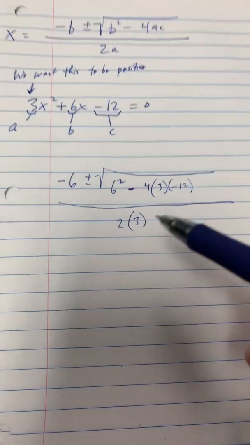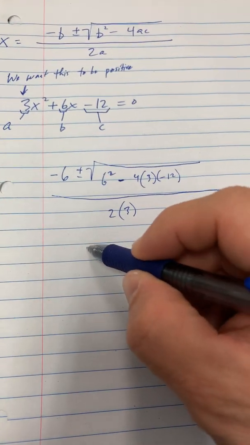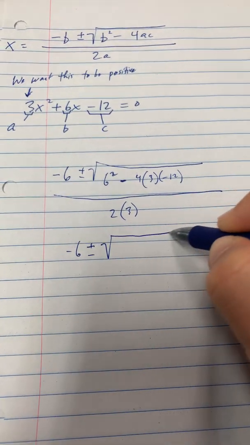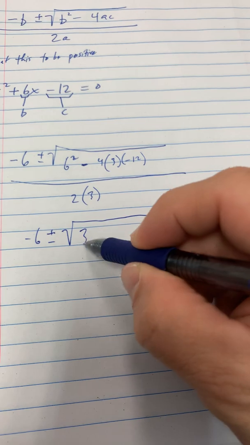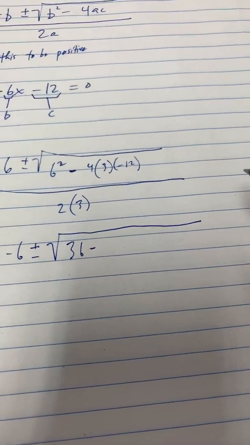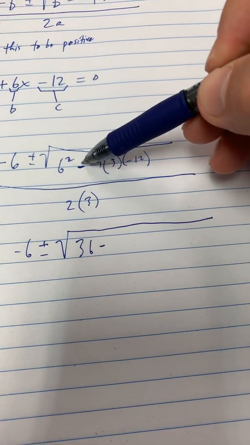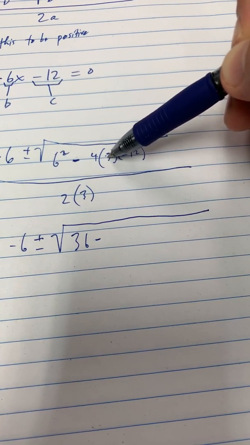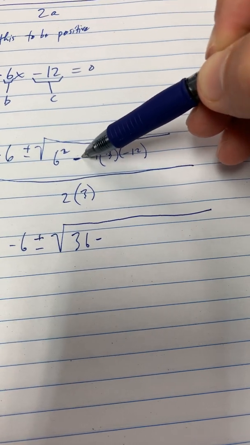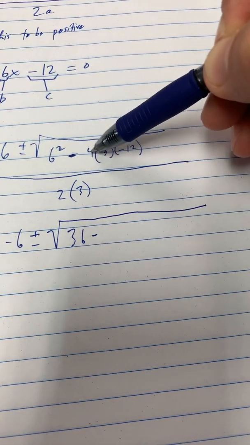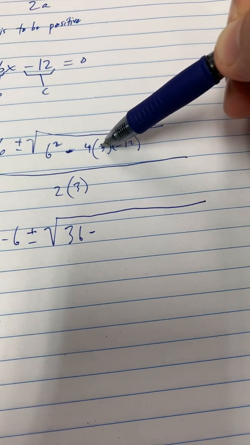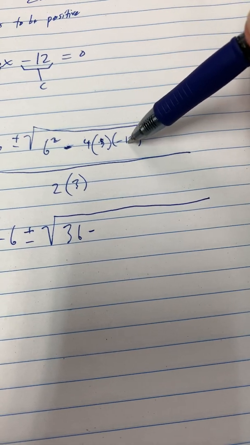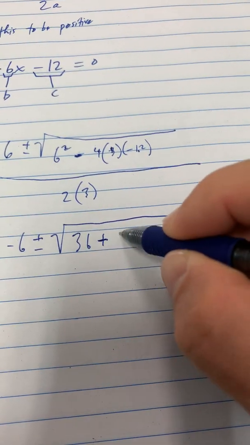All right, so we're going to go ahead and simplify. So it's 36 minus, okay, now watch how we do this. This negative right here goes with this 4, so negative 4 times 3 gives us negative 12. Negative 12 times negative 12 gives us positive 144.